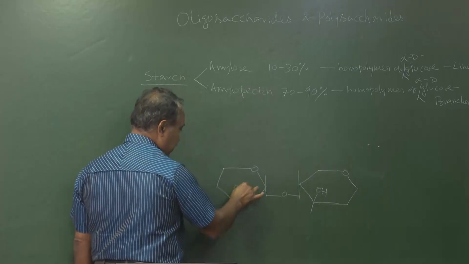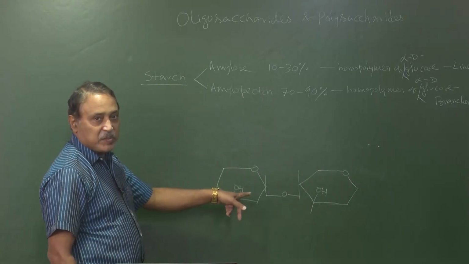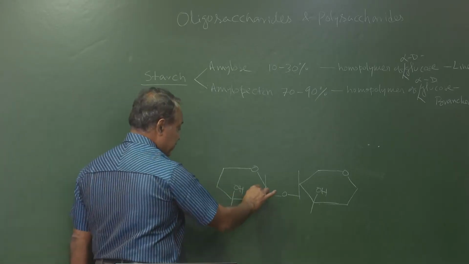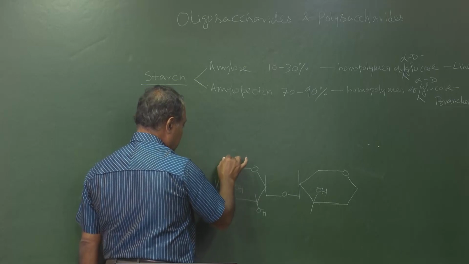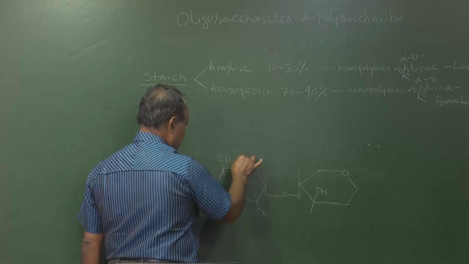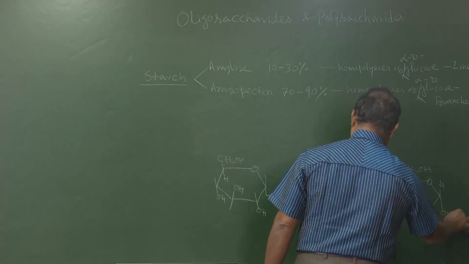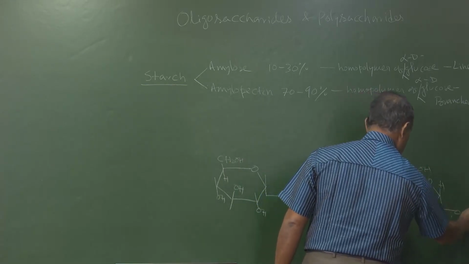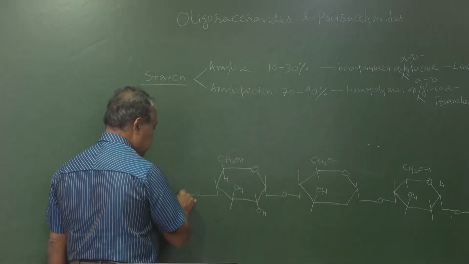If I am writing the hydroxyl group at the third position at the top, it indicates I am speaking about the glucose. I need not write all. So this is the continuing chain.